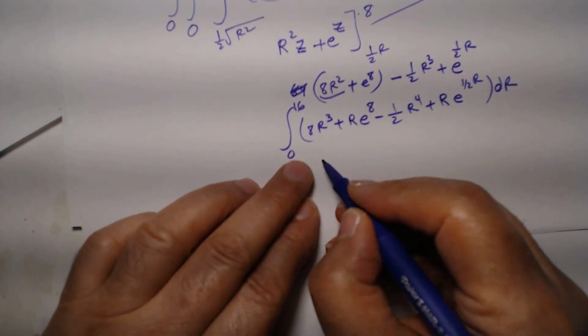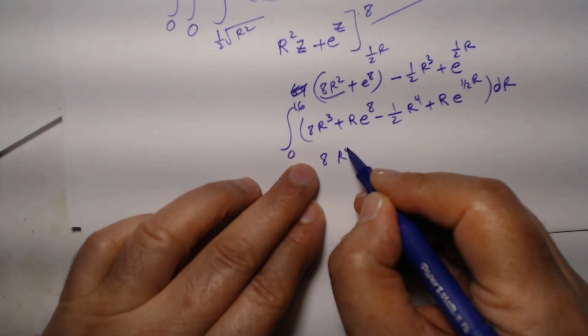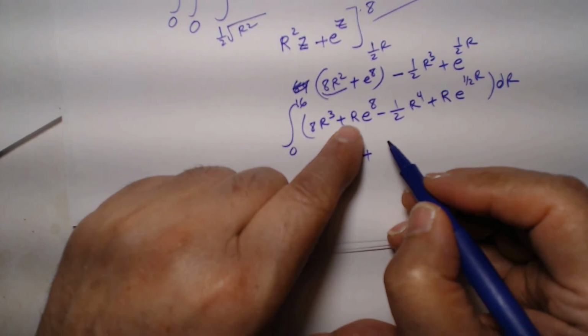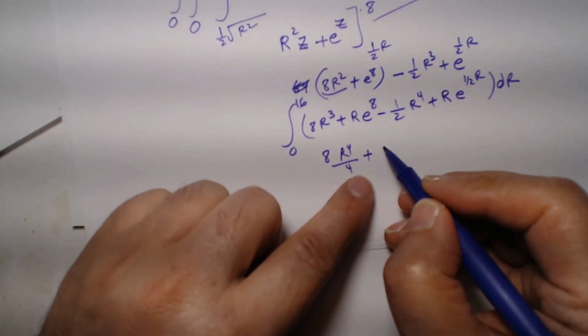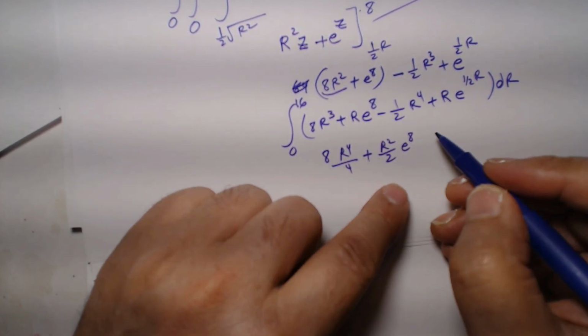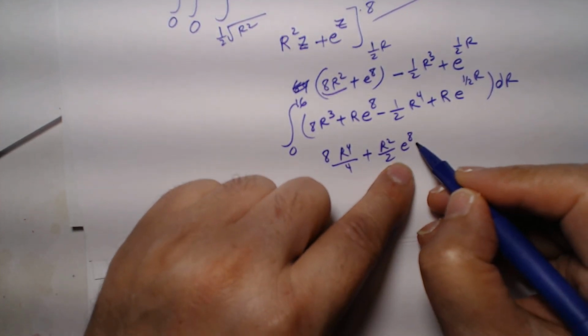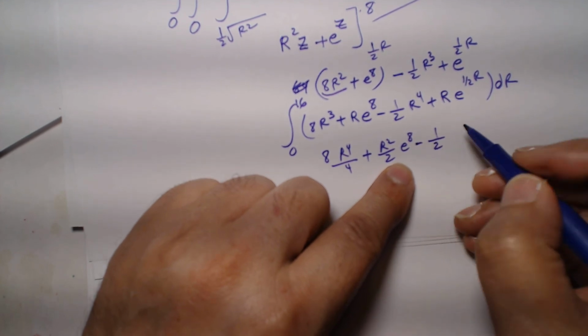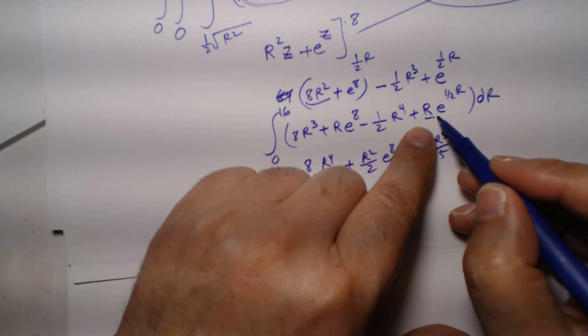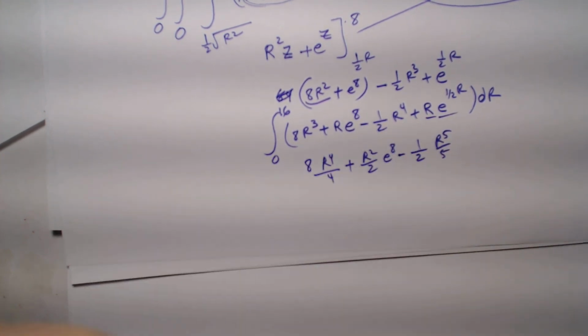Okay, this one is 8 r to the power of 4 over 4 plus e to the power of 8, which is a constant, times r squared over 2, minus 1/2 r to the power of 5 over 5, but this is r e to the power of 1/2 r.